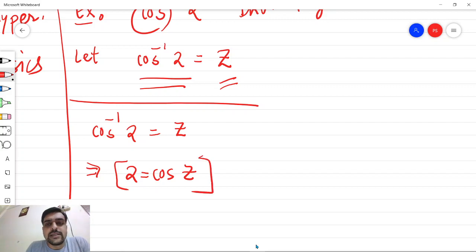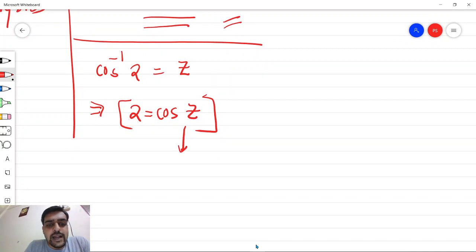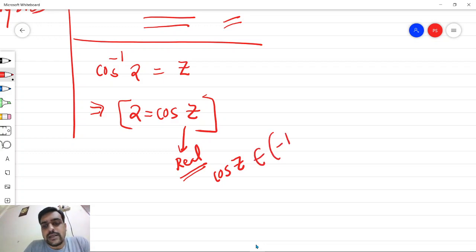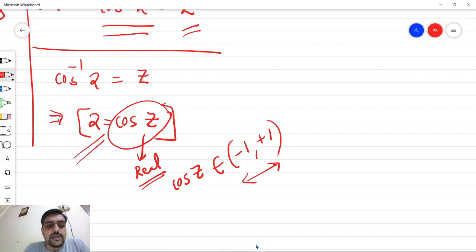Now this relation is slightly surprising because if z had been a real number, then cos z is always supposed to belong to this particular range of plus or minus 1. But in this case here, cos z is giving us a value equal to 2, which is beyond this particular range. So this z cannot be a real quantity in this case.